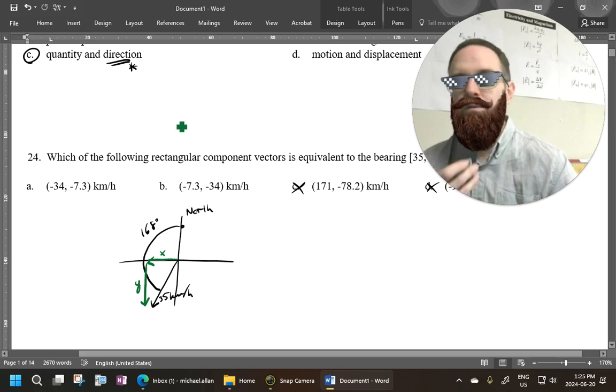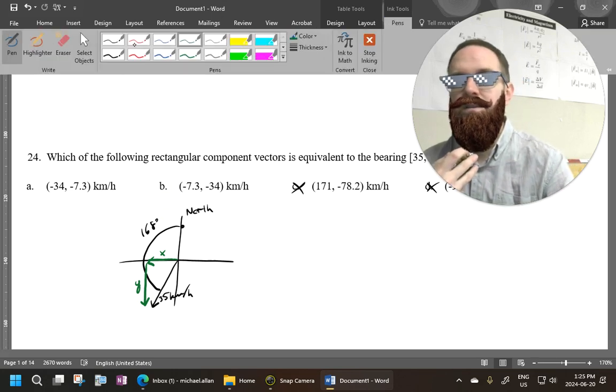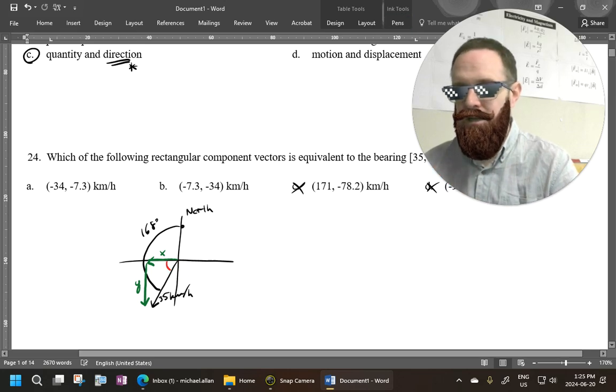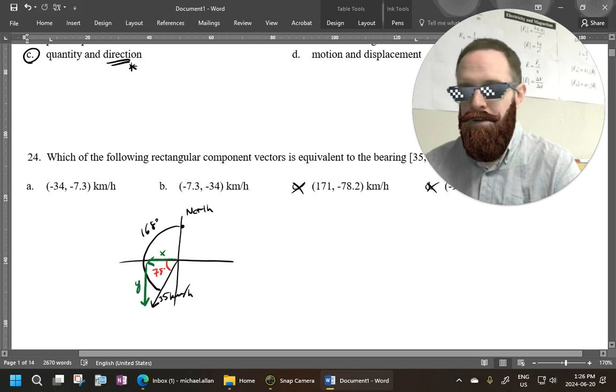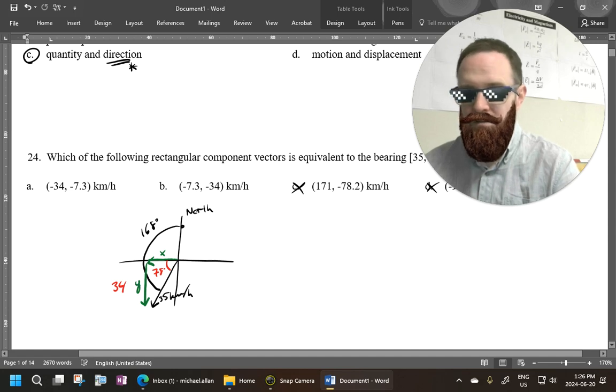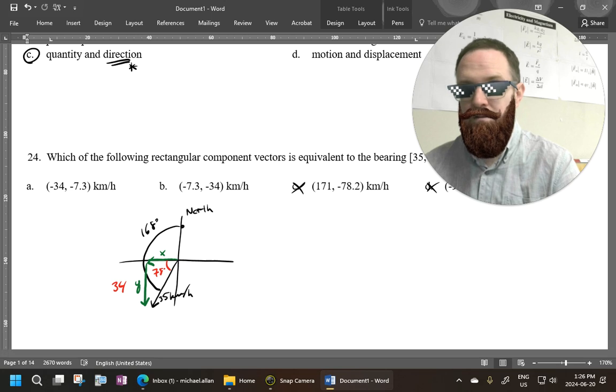So what's inside the triangle I drew here, this angle is going to be 180 minus 168 minus 90, so 78 degrees. It's like a reference angle, and then I can use that to find, if I go sine, I'm going to get the 34, so this will be 34, and if I go cos, I'm assuming I'm going to get the other one, 7.3.